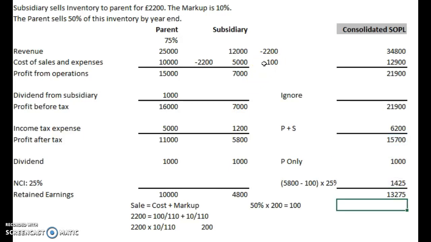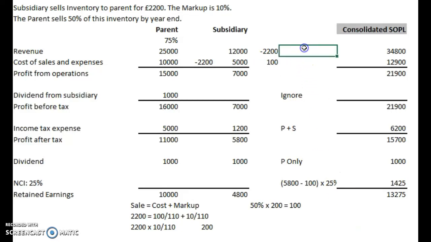Comes to 13,275. So slightly different than previously. The subsidiary is doing the selling, so the subsidiary takes this adjustment, and because it's the subsidiary, the NCI wants a share, and their share needs to take this adjustment into account.